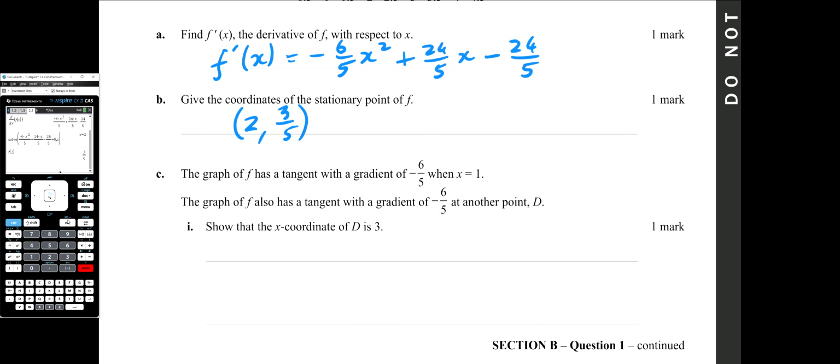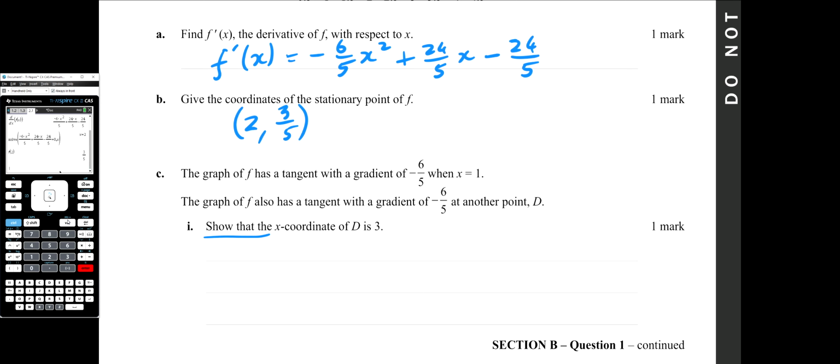Part C. The graph of f has a tangent with the gradient of negative 6 over 5 when x equals 1. So the graph of f also has a tangent with the gradient of negative 6 over 5 at another point D. Show that the x-coordinate of D is 3. Okay, so this is a show that question, so we need to put a little bit of working into this.